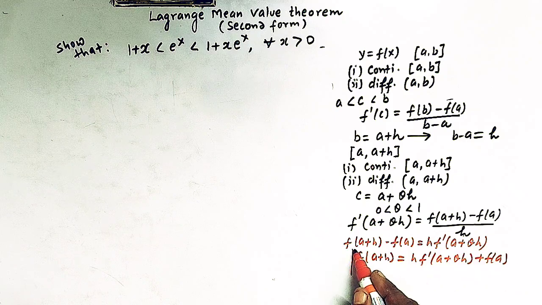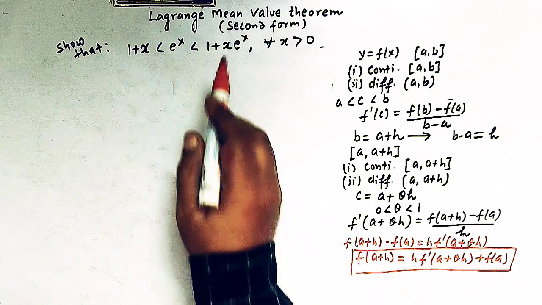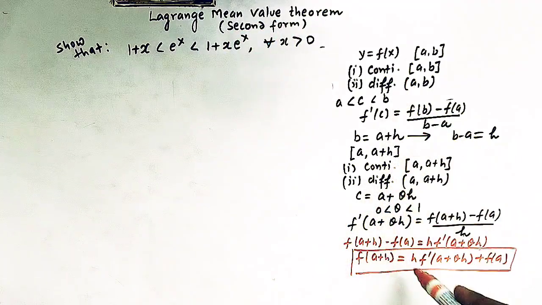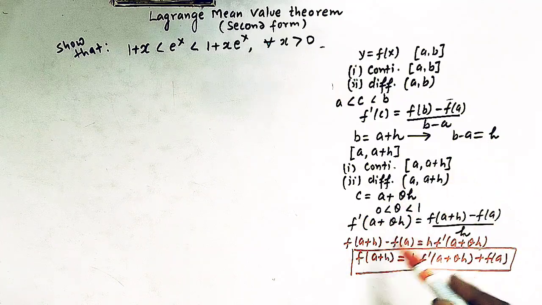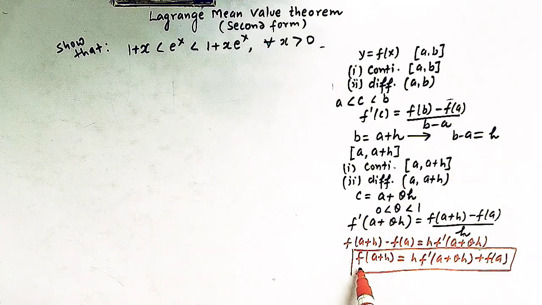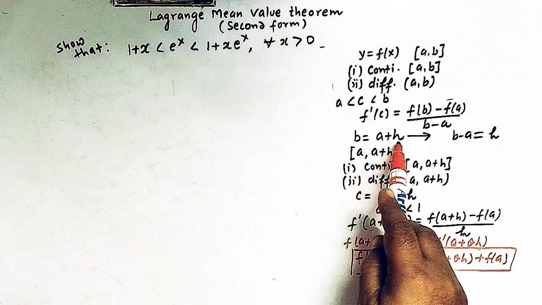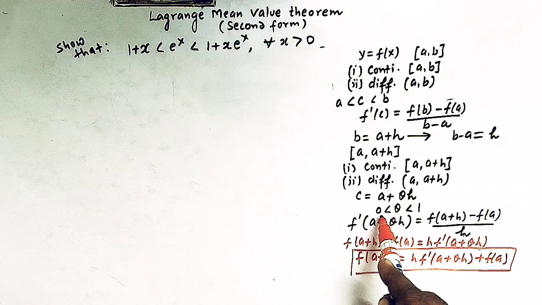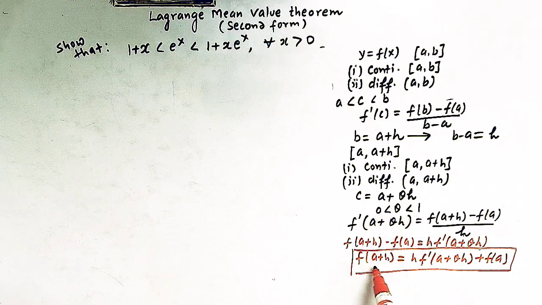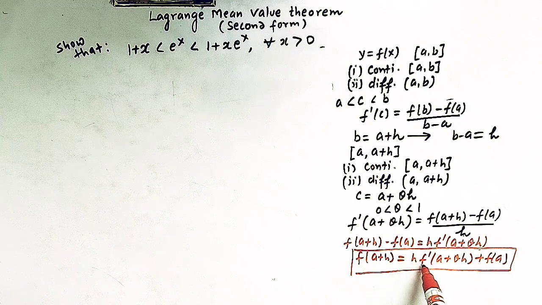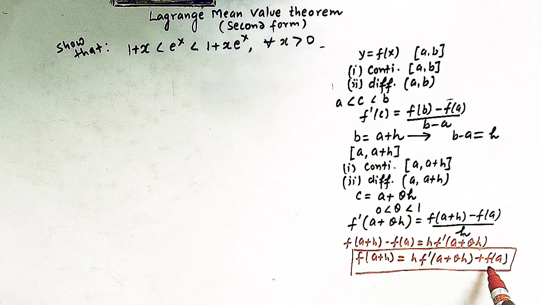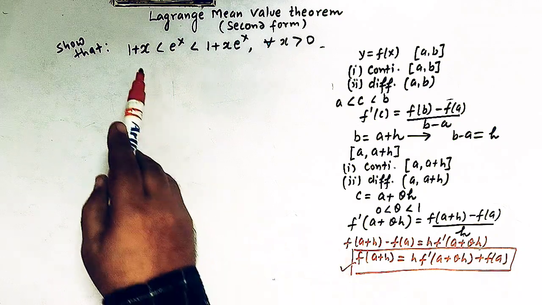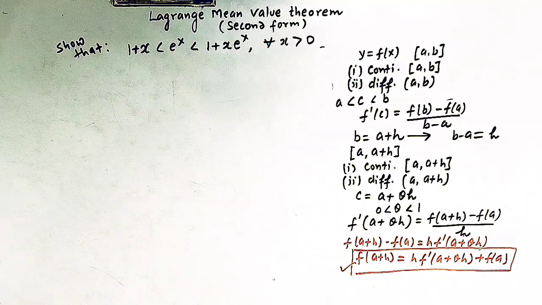This statement is known as Lagrange's mean value theorem of the second form. The two forms are the same with a slight difference: here we take b equal to a plus h and c equal to a plus theta h, where theta lies between 0 and 1. Now we will use this result to prove the inequality.